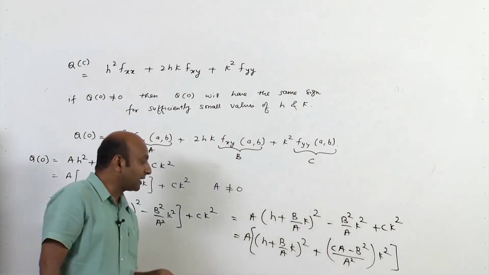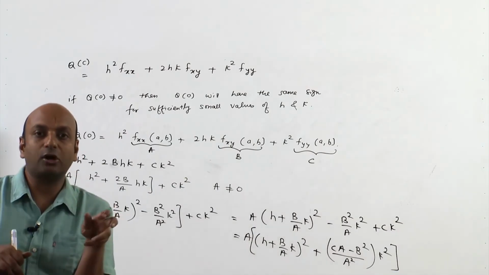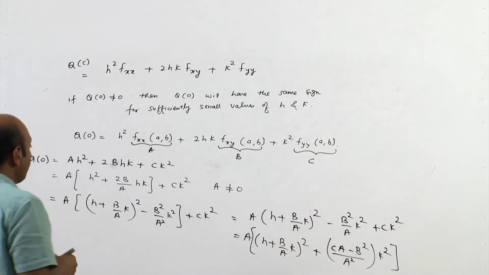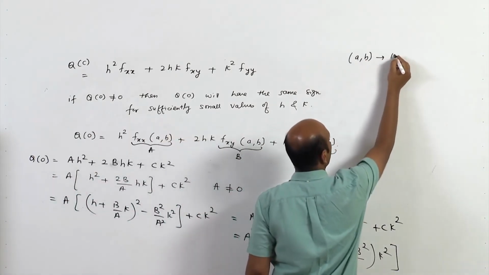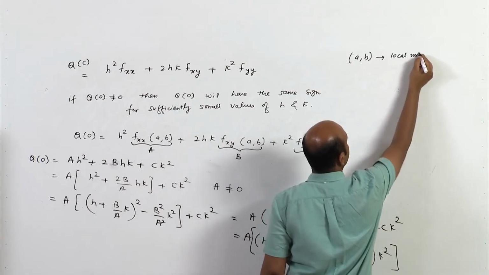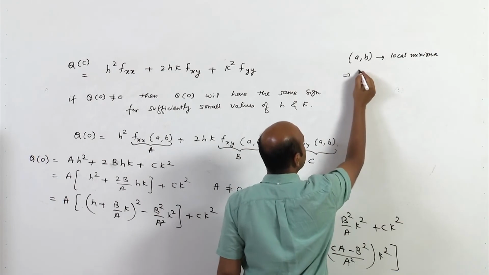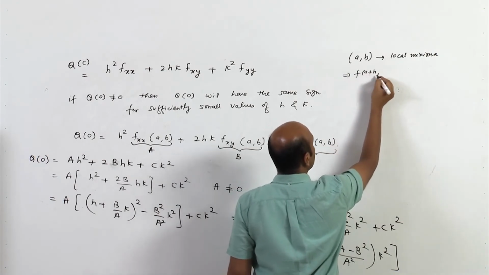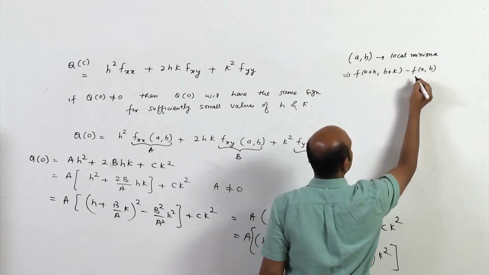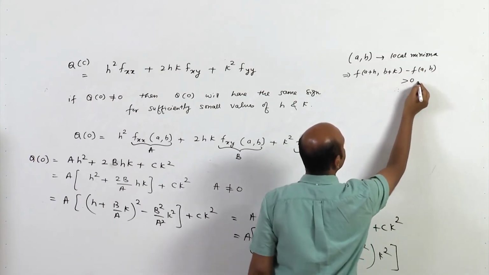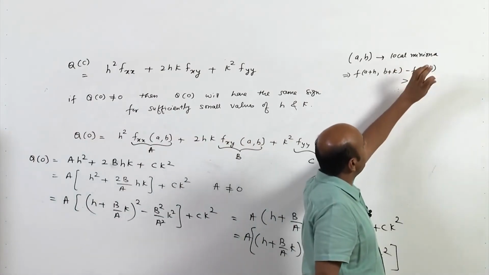Now, no matter whatever h and k you are taking in some open disk centered at a comma b, if you are calling a comma b a point of local minima, then f of a plus h, b plus k minus f of a b will be greater than 0, because it is a point of local minima.